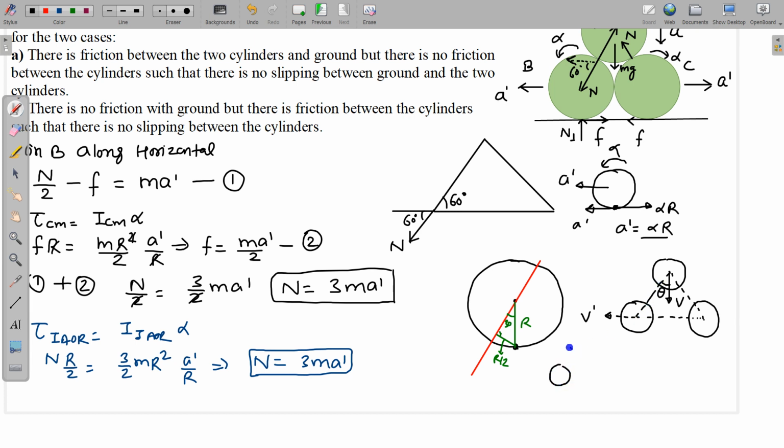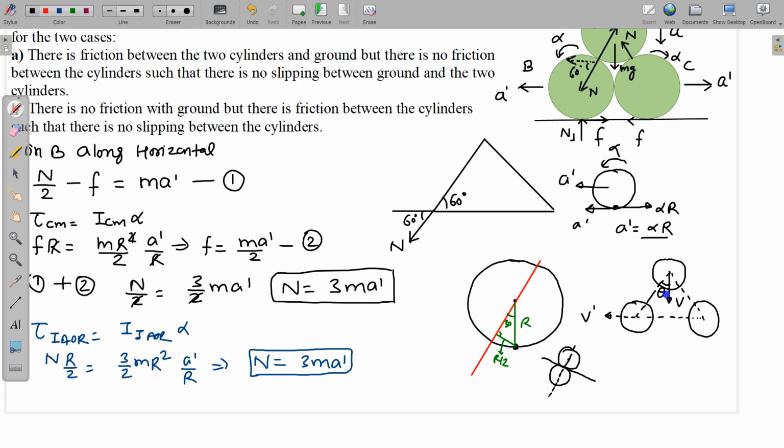These two are in contact like this, and this will be the contact surface, and the line joining the centers will be the common normal direction. So there should be no relative motion along this normal direction perpendicular to the contact surface. That means components of velocities along this direction should be equal.